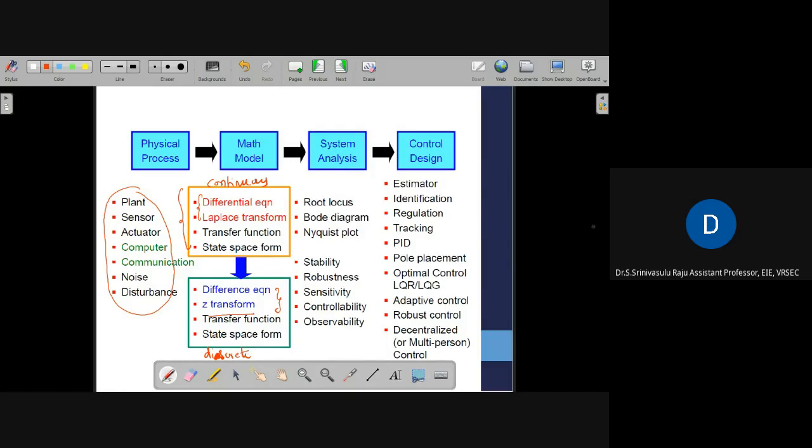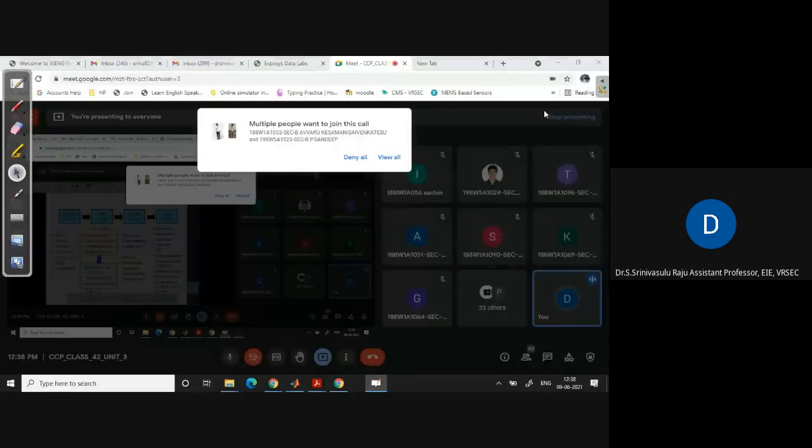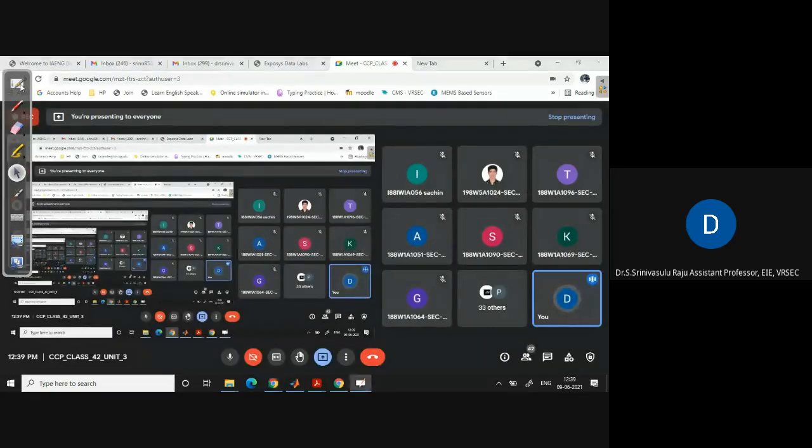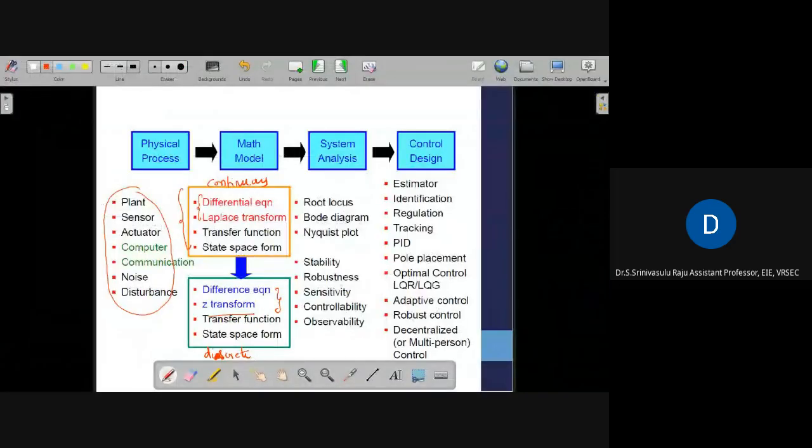Once you have the model, you need to go for system analysis. System analysis means you apply techniques like root locus, Bode plot, Nyquist plot, or stability and robustness. These are all parameters under the analysis of the system. Once you know these, you can go for controller design based on the previous knowledge about the process.